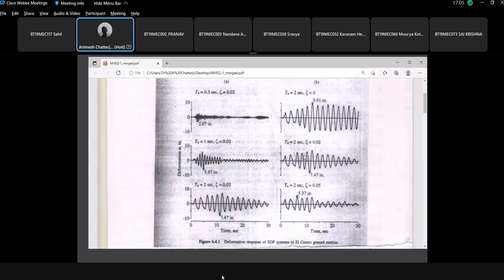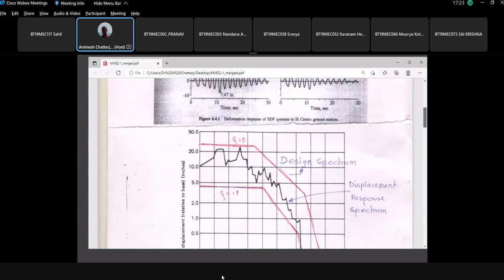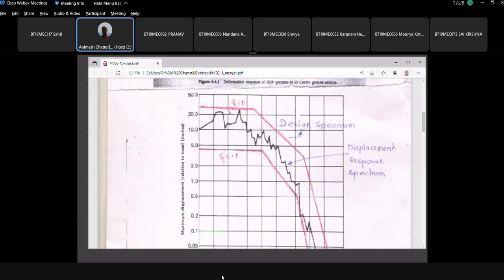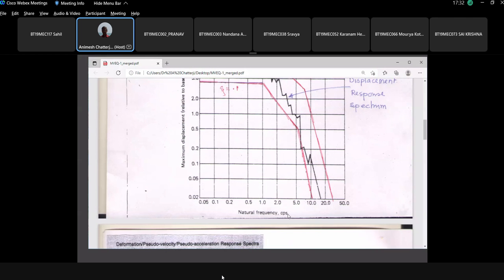So from these observations, keeping the damping constant first, a simulation was done for many natural frequencies or time periods, and then we got this graph. The graph was shown last class. Along the x-axis it was 1 by Tn, or CPS, cycles per second, which is 1 by Tn.